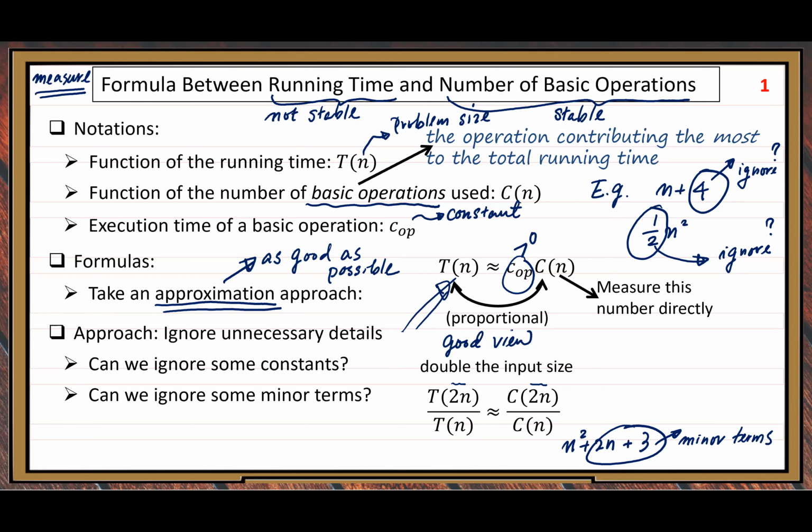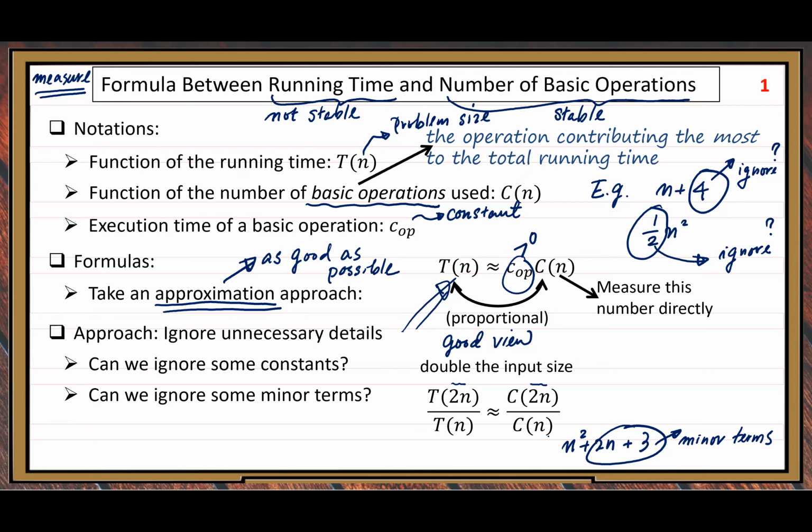If your measure function grows very fast, then that means your algorithm is slower, right? From the T side, the function value grows faster, it uses more execution time, so it's slower.